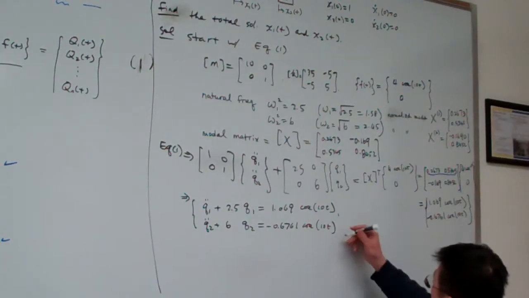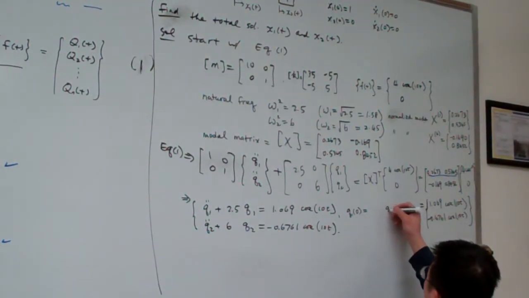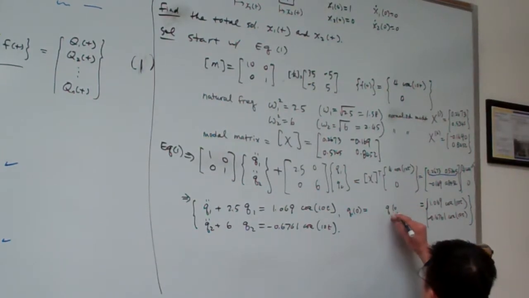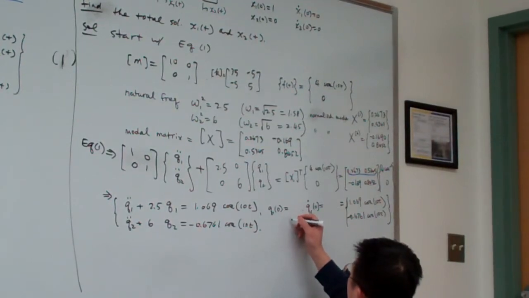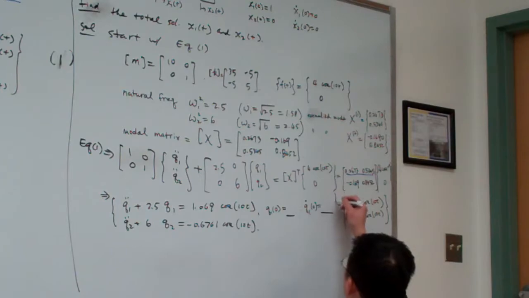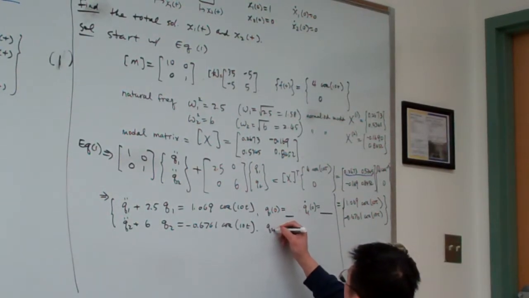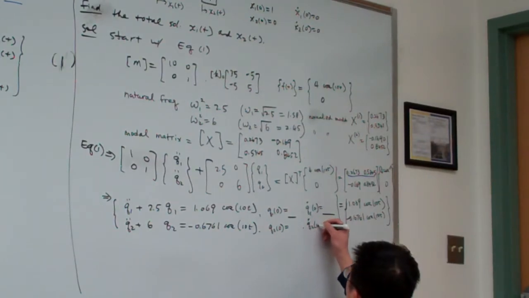So right now here we have Q1(0) equal to something, Q1 dot (0) equal to something, and Q2(0) equal to something, Q2 dot.